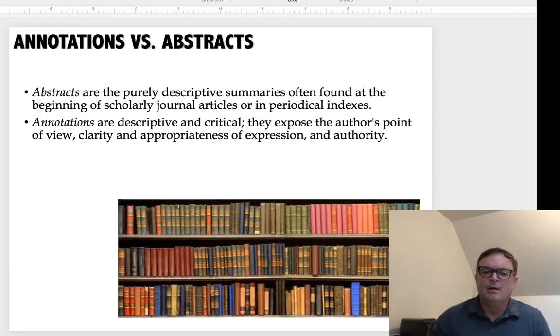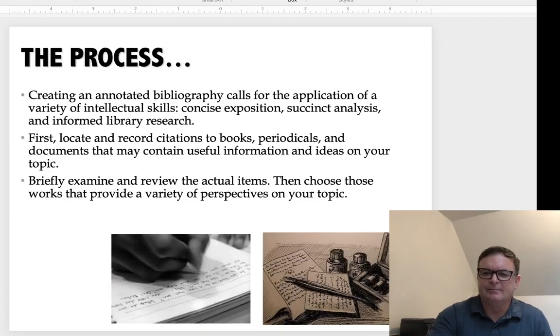What I'm hoping is that when you read your sources, you can pull out information, quotes, data, whatever it is that's going to help you for your paper. So that's my general hope with it.